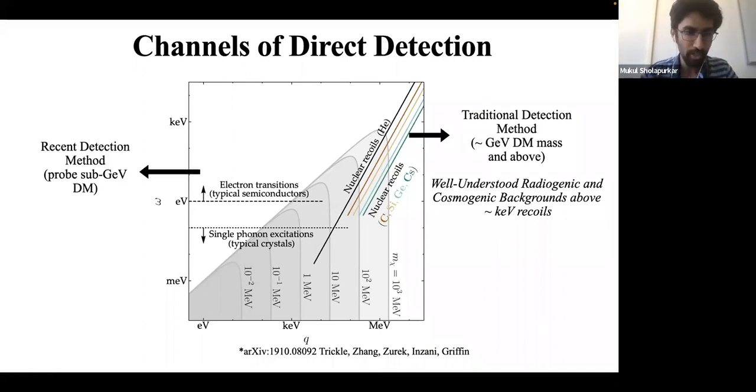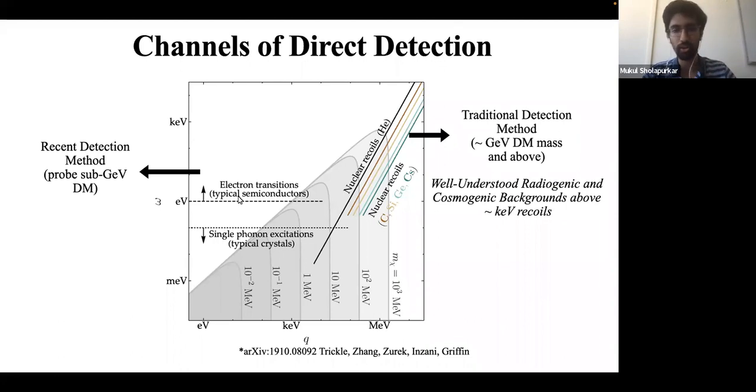To probe sub-GeV dark matter, in the last few years, experiments have been using electronic excitation, to look for electron excitations induced by dark matter in their detectors. Typically, in these detectors, the signals are of the order eV scale, which are the typical band gaps of the semiconductors being used in these experiments.